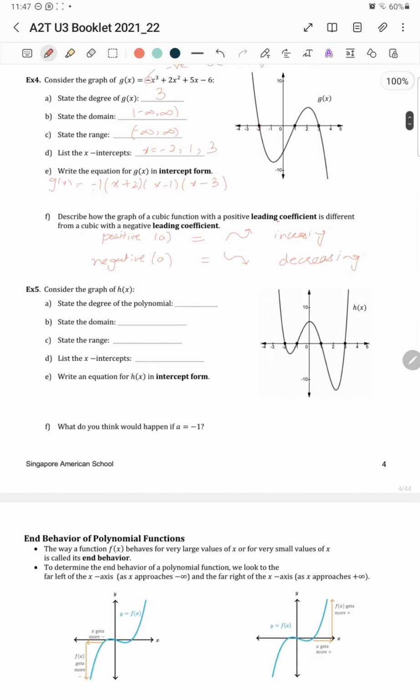Consider the graph of h of x. State the degree of the polynomial, 1, 2, 3, 4. Domain, range, x-intercepts.